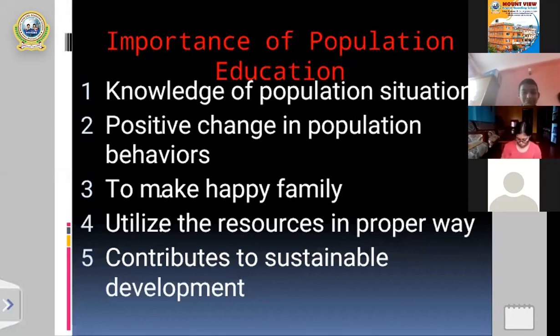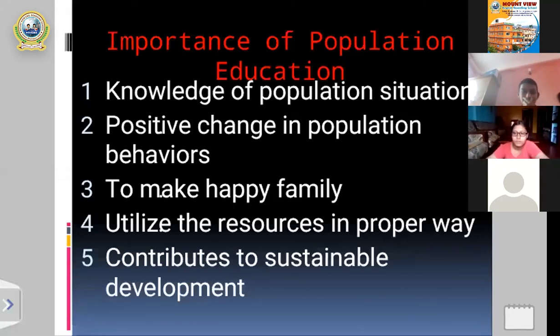Number one, knowledge of population situation as a condition. It means population education helps to gain the knowledge of population condition. What's the condition of population? It means the population is in an increasing rate or decreasing rate.